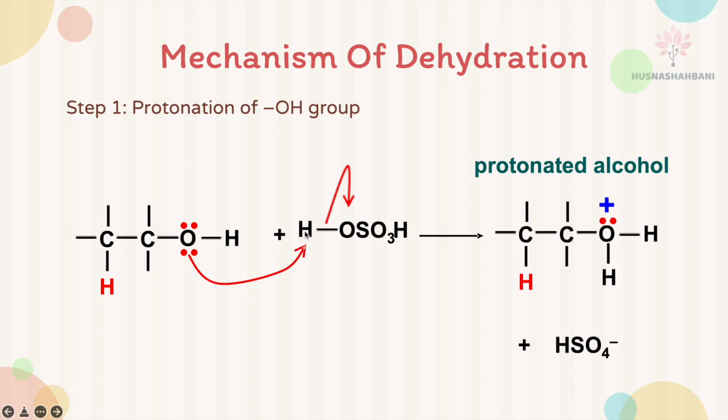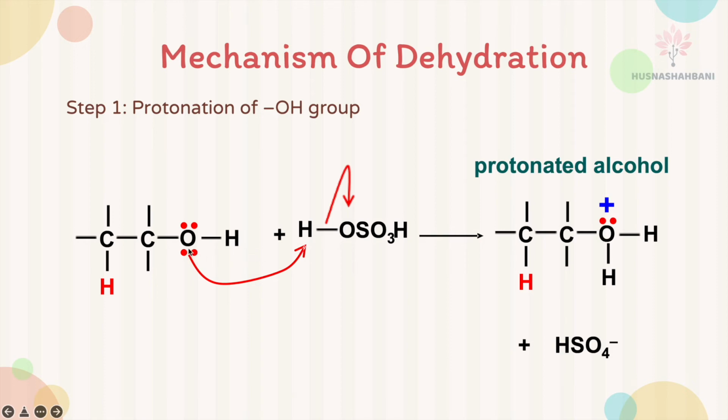So the oxygen from the OH group attacks the hydrogen in H2SO4. The full-headed arrow means 2 electrons are used to form a bond with this hydrogen, and then this hydrogen is now sharing 2 electrons with oxygen.